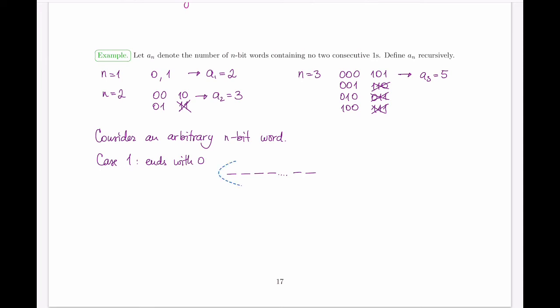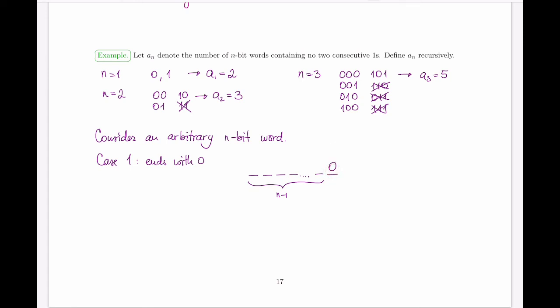Now, zeros are not a problem here, right? I'm not allowed 2 consecutive ones, but there's no condition on zeros whatsoever. So if I have 0 as my last bit, then the other n-1 bits can be anything at all, right? This can be a 0 and this can be a 1. All of these numbers, as long as they have no 2 consecutive ones, this last 0 does not affect anything in terms of the other strings.